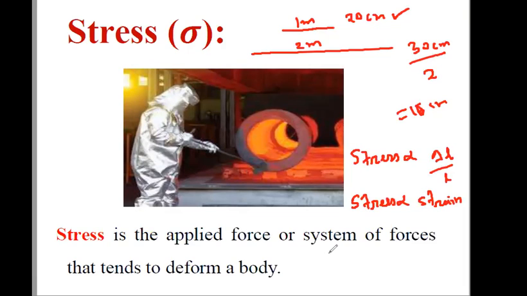Now, when we remove this proportionality constant, I can say that stress is equal to K into strain, right? And this K is basically your coefficient of elasticity. Depending on the different type of strain and stress, the name of K will change.